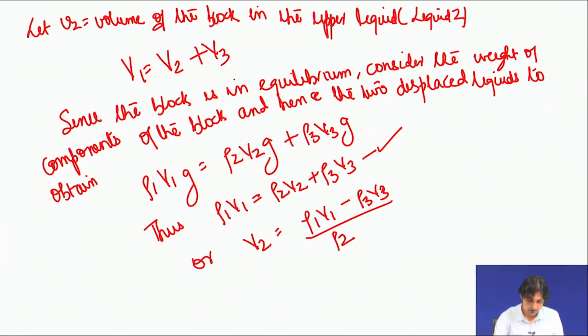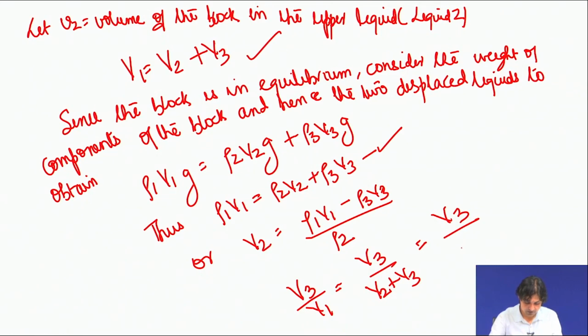Or V3 by V1, on the other hand, can be written as V3 divided by V2 plus V3. Okay, from here, V2 plus V3, V2 we can use from here, right?